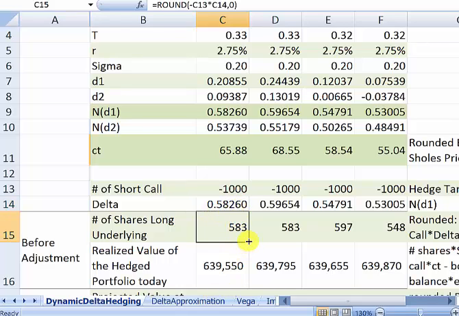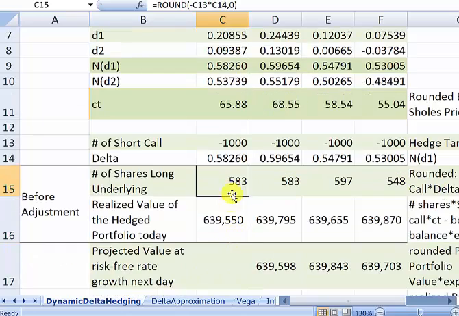Okay, we round it up to one single share, so we need to hold 583 shares long in order to hedge our liability of 1,000 written call. Now, we sort of assume the dealer have the money or already have the shares. Anyway, that's the starting point, right?